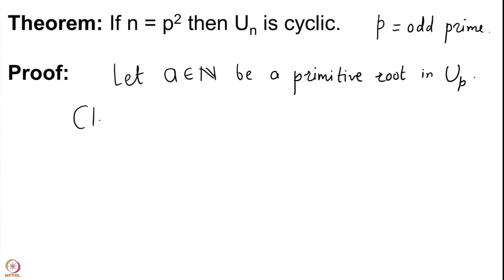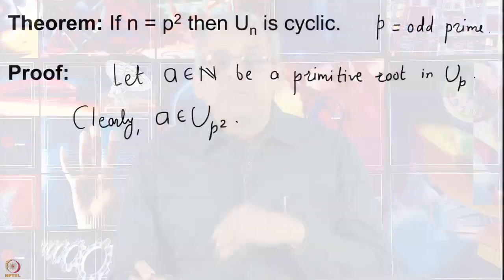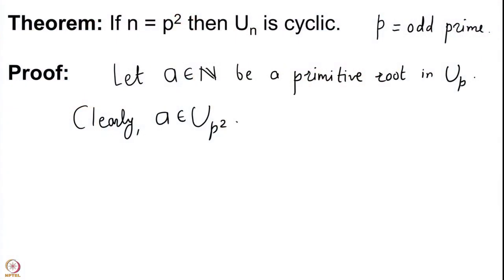So, clearly first of all a is an element in U_{p^2}. This is because if a is a primitive root in U_p, then a is an element in U_p. So, a is co-prime to p, therefore, a is co-prime to p square, and so a is an invertible element modulo p square. So, a is our element in U_{p^2}.